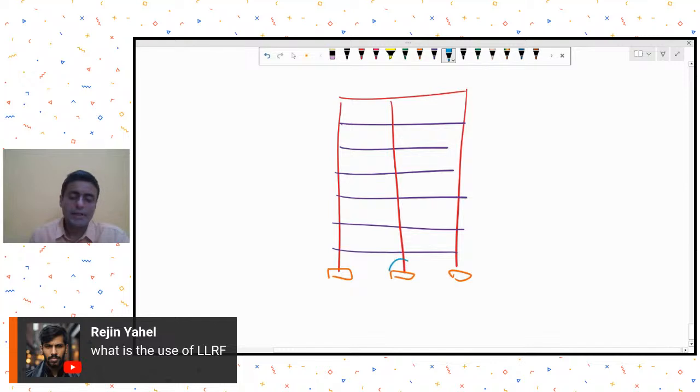Now, when I'm designing this footing, for example, the chances that all the slabs are loaded with 100% live load simultaneously at the same time is quite rare, isn't it? What I'm saying is, the chance that all the slabs simultaneously are loaded to 100% of their live load intensity that we have assumed in design is quite rare.